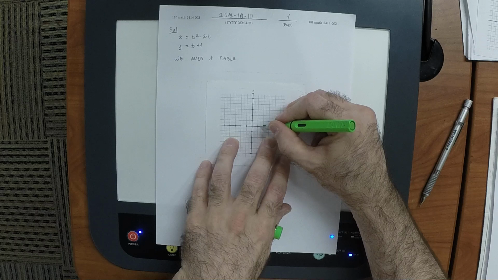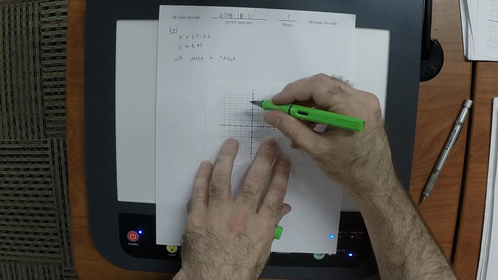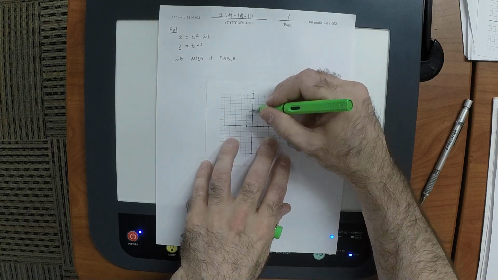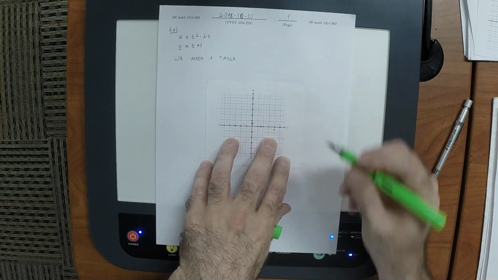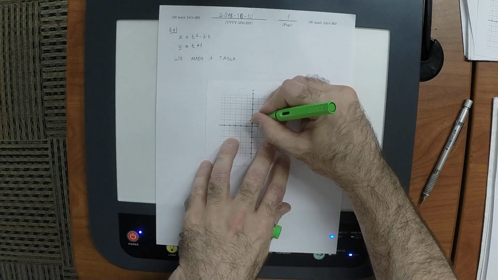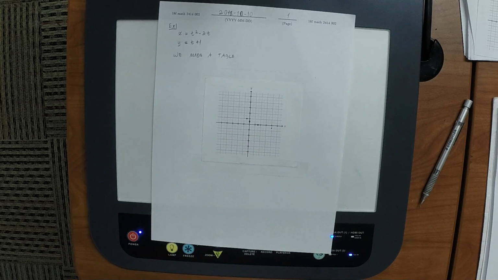We had another one at 0, 1. Then we had a point at negative 1, 2. And if you recall, it was a parabola.